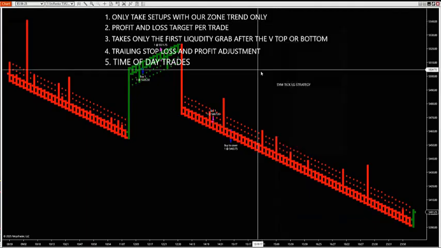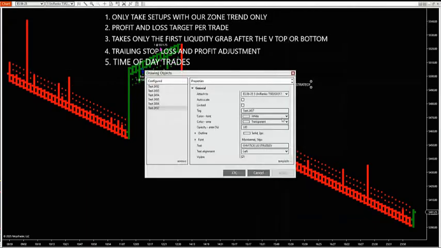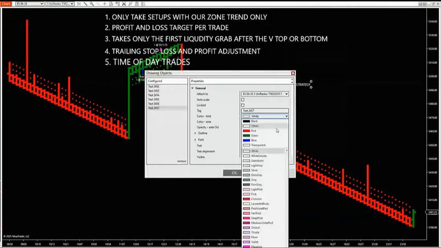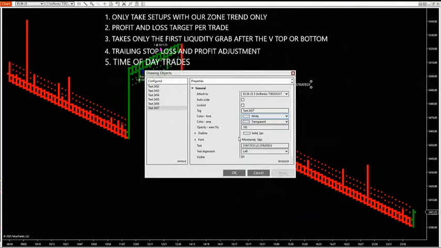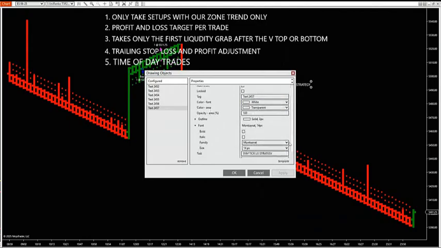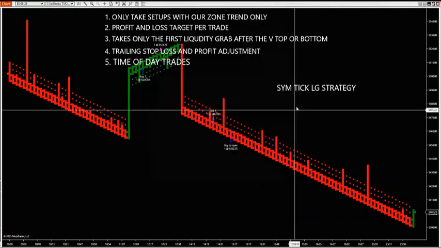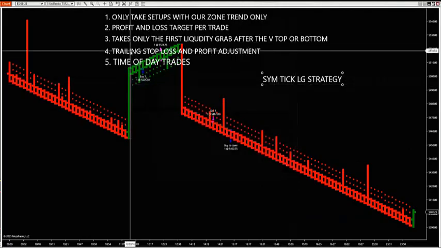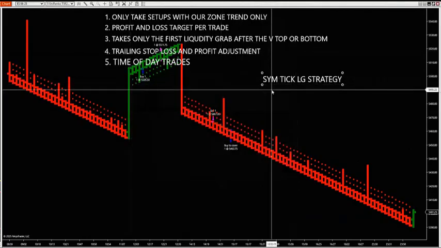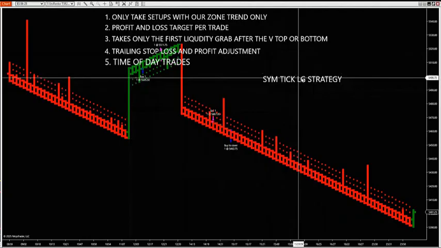The reason the sim tick liquidity grab trader is the number one you want to use over the sim close, and I'll tell you the difference right now, is that you can adjust the trailing stop loss and the profit adjustment under the sim tick LG strategy. You can adjust the stop and the target.